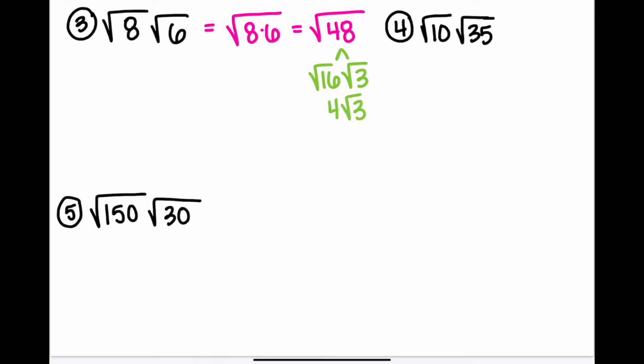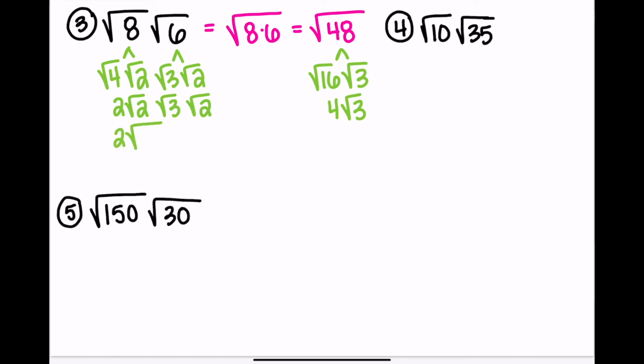Or we could simplify in the very beginning. So this would be square root of 4 times square root of 2, times square root of 3 times the square root of 2. And now we can multiply these together in any order we want. We already know that the square root of 4 is 2. And then we could take our 2 square roots of 2 and multiply them together.